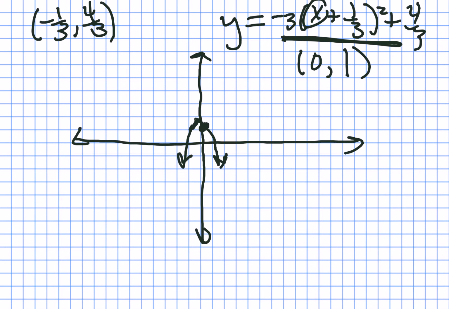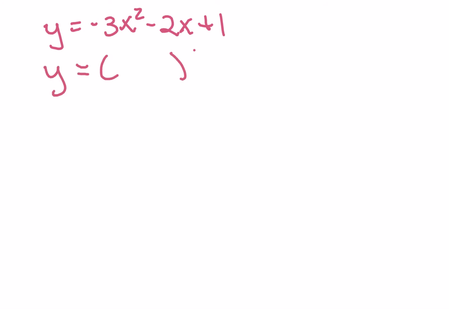So finding the x-intercept, let's go back to our original function so we can get a more accurate sketch. Let's see if it's factorable. If it's been a while since you've factored, this might be a little difficult, but I'm going to factor this one by reverse foiling.